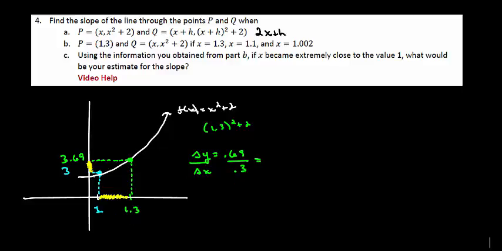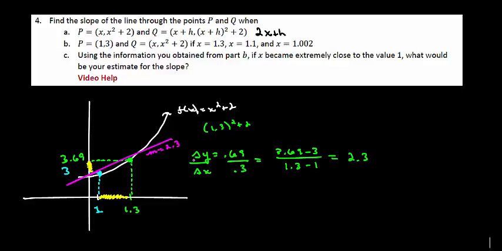You could have gotten these same values by taking 3.69 minus 3 over 1.3 minus 1. So 0.69 divided by 0.3 gives me 2.3. So the slope of the line containing those 2 points, the slope of that pink line right there, is 2.3. That's the m value. It's not the equation of the line, it's just the slope.